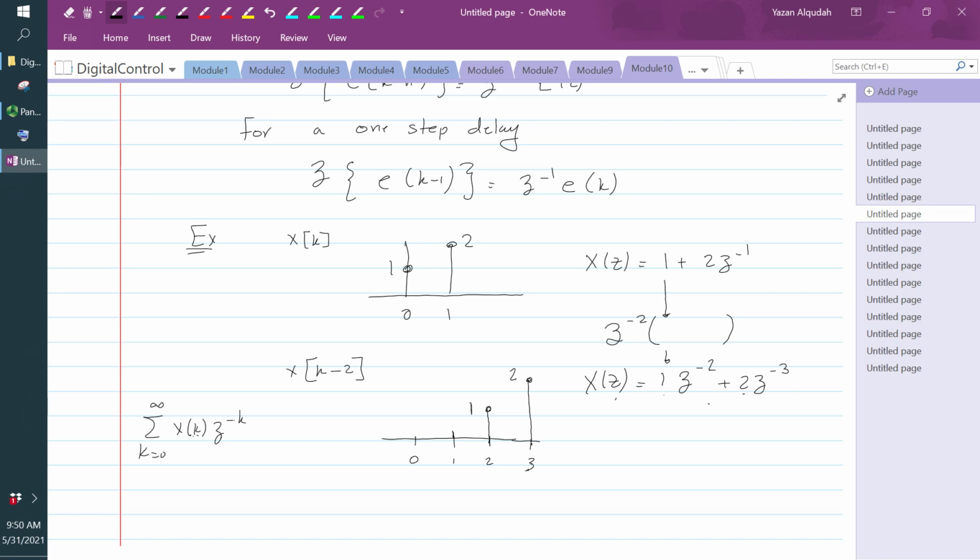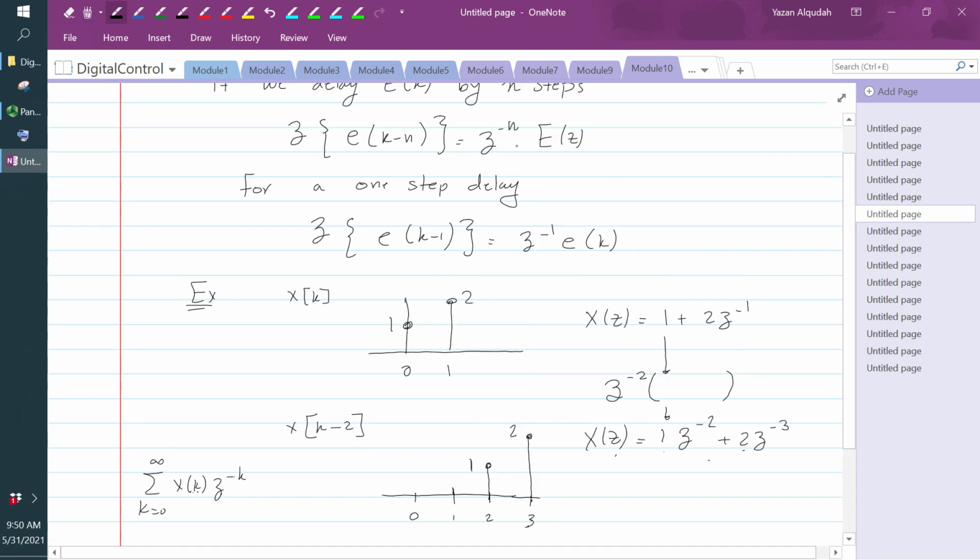If I shift it to the right by 2, I'm going to multiply x of z by z to negative 2, and so on and so forth. In general, if I shift the signal to the right by n, then the z transform of the shifted signal is going to be z to negative n multiplied by the original z transform of the signal. Okay.